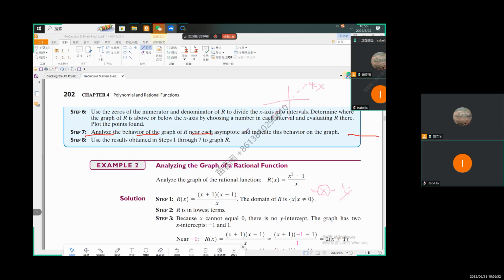So you also have the -1, because x equals 1 and x equals -1. So now I can basically split it into 4 intervals: negative infinity to -1, -1 to 0, 0 to 1, and 1 to infinity, right? 4 intervals, right?